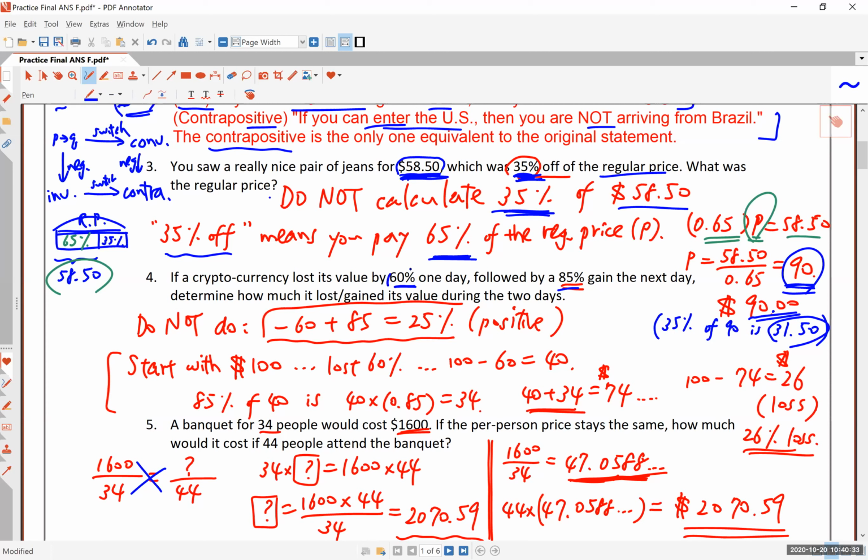Okay, so 60% loss followed by 85% gain. You do not add minus 60 plus 85 and get 25% gain. If you say that because the difference, minus 60 plus 85, is 25, if you say that you have gained 25%, this will give you 0 points.